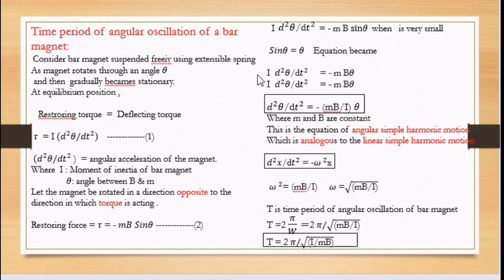Then transferring I to the right hand side, d square theta upon dt square is equal to minus mB upon I into theta.